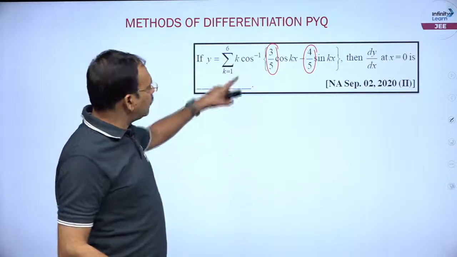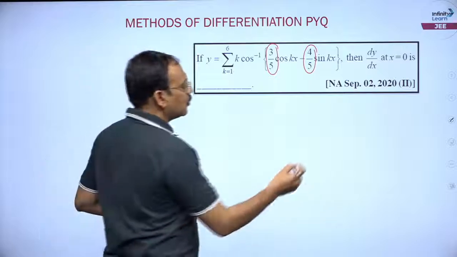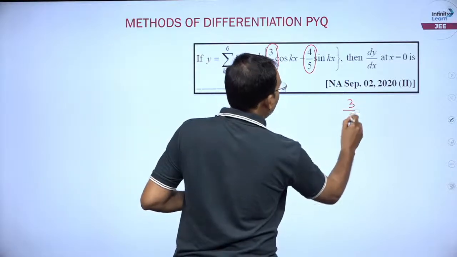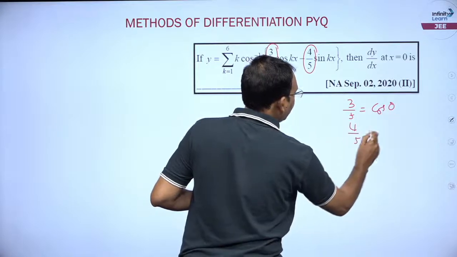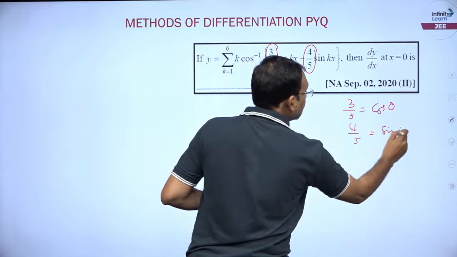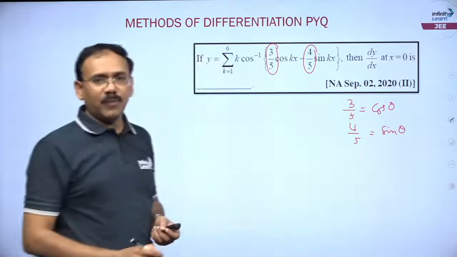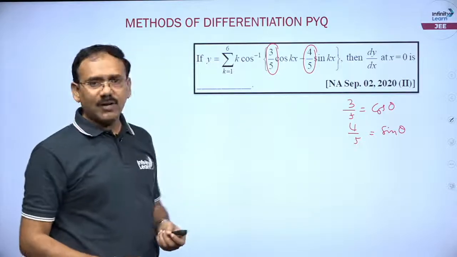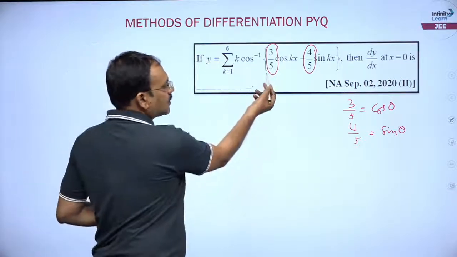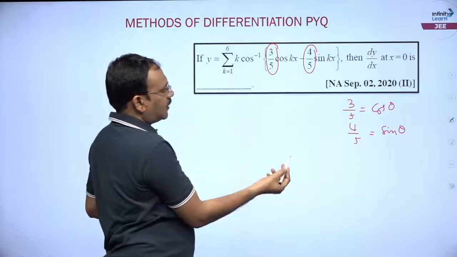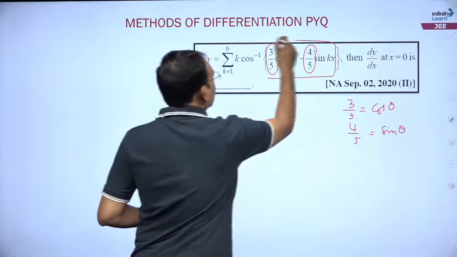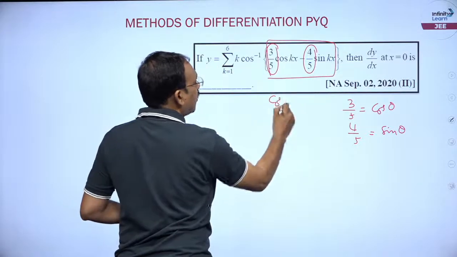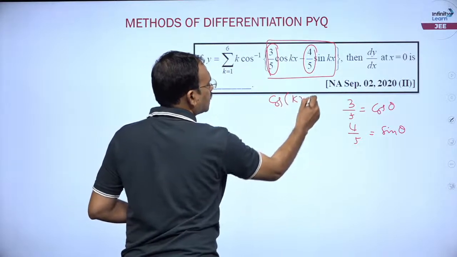I want to write cos inverse of, so 3/5 let me write as cos theta, 4/5 will be sin theta. Such a theta exists in 0 to 2π definitely, because the sum of their squares is 1. So cos theta cos kx minus sin theta sin kx means this total expression I can write as cos of (kx plus theta).